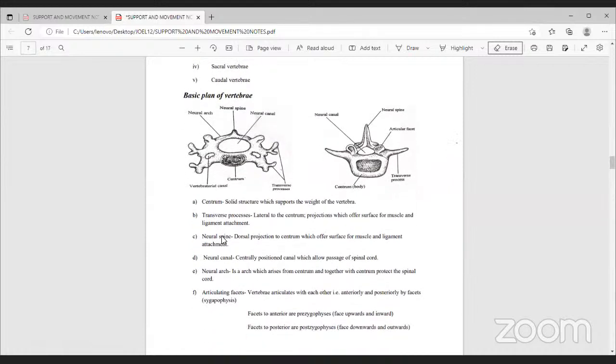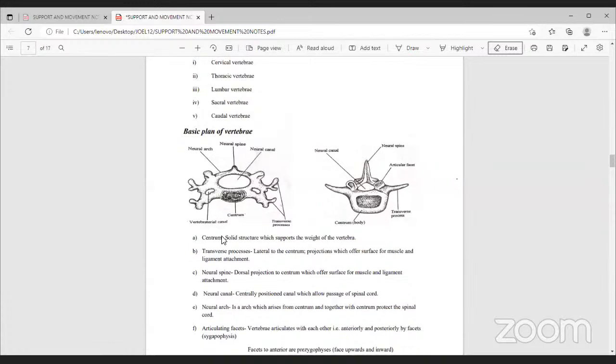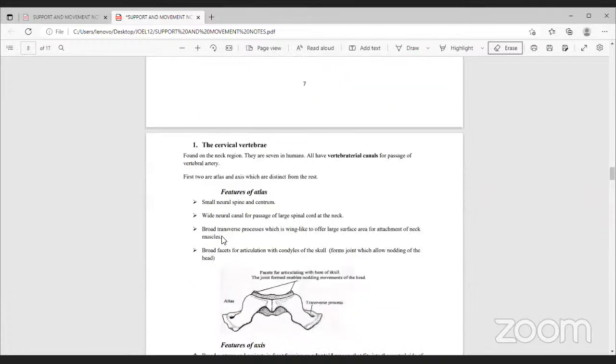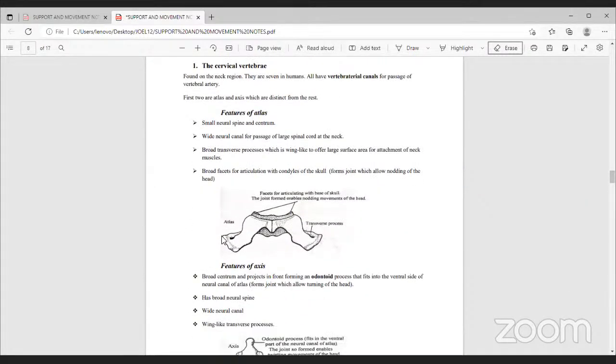So we start with the first vertebra here. That was the cervical vertebra. That should be the next area we are supposed to look at. The cervical vertebrae, I think I mentioned, are found in the neck region.